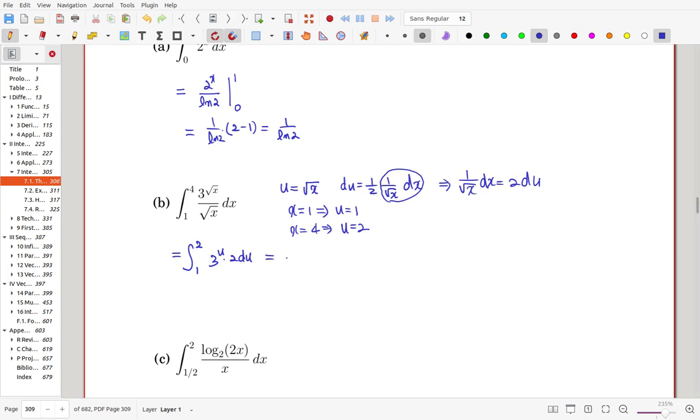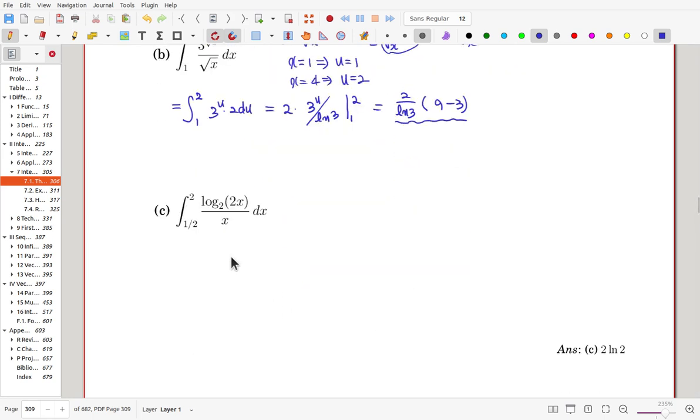Okay, 2 can go out, and then the integral of 3 to the u is the same as 3 to the u over logarithm of 3. Now we are evaluating from 1 to 2, right? Okay, so here the constant is 2 over natural logarithm of 3, and 3 to the u, here u is 2, then 9, and 3 to the 1 is 3. So you can simplify, okay?